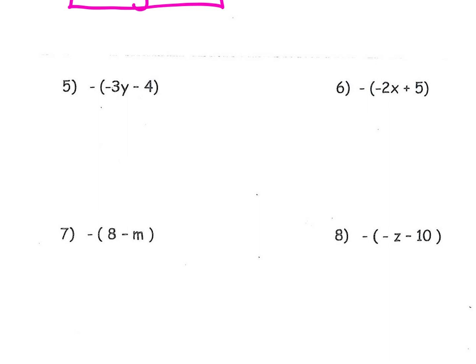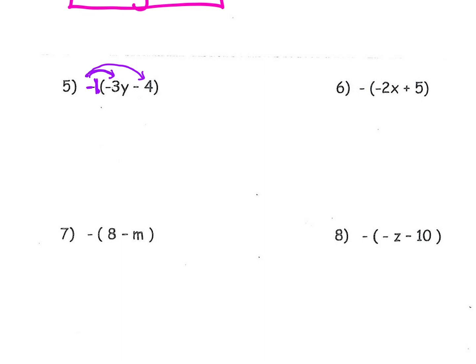For number 5, we see a negative in front of the parentheses. Please add a 1 right behind that negative symbol. We are distributing a -1 to each of those terms. Basically, that -1 will flip each of those terms to their opposites.